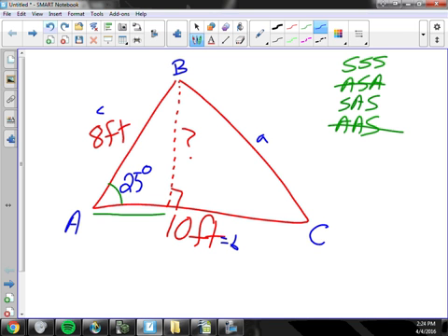Now the triangle is unique. So if you're looking at side angle side, that guarantees a unique triangle, and it's pretty easy to figure out the area. The formula for area is 1/2 base times height. Do I know any of that already? I know the base. So the area equals 1/2 times 10 times the height. Well, what is the height?